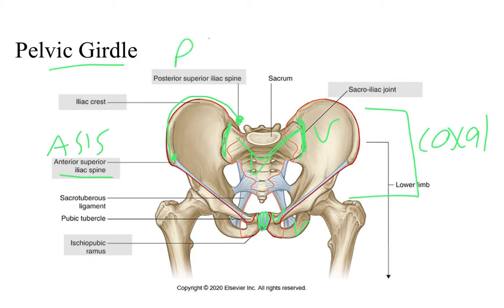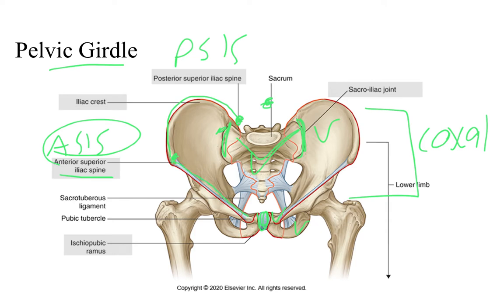The ASIS in particular is a landmark that can be palpated and often used to identify other specific regions. Remember, we talked about the abdominal region. The ASIS is a landmark between the umbilical region where we can find McBurney's point. All right, so that is one of the ways in which you can use that particular landmark.